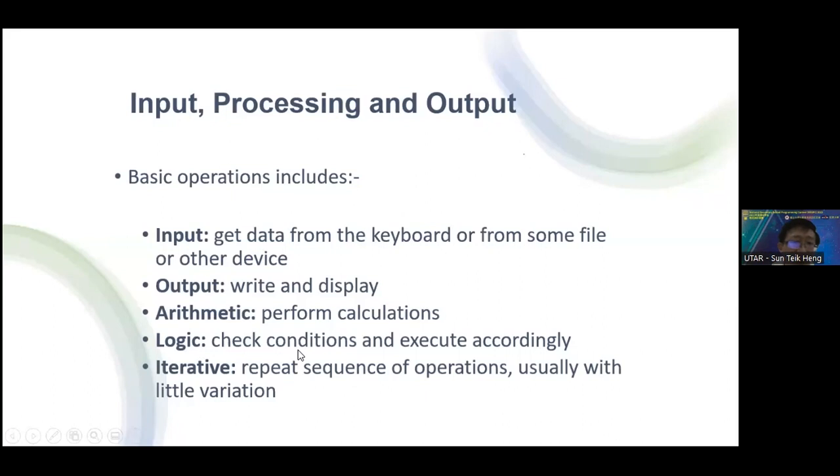You check for the condition, like the example that I mentioned to you regarding the traffic light. The condition that you're checking is the color of the traffic light. Is it red or is it green? Iteration means repeat. So you continue to do the same thing again and again. So there's a repeated sequence of operations.